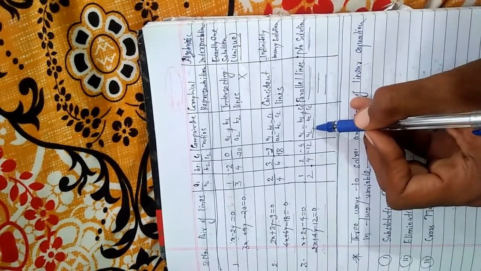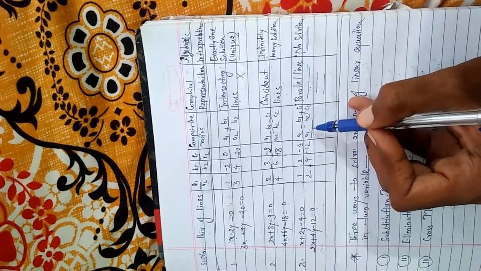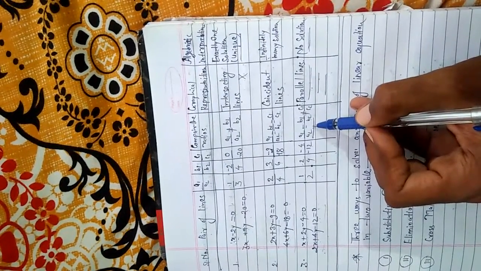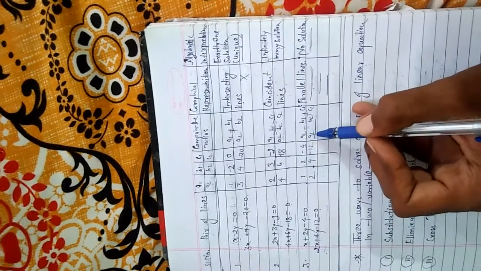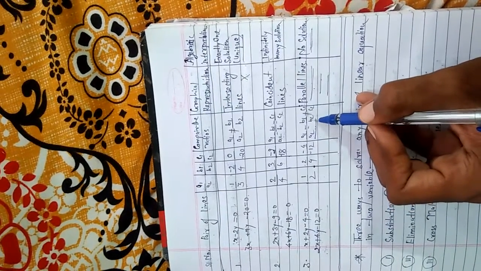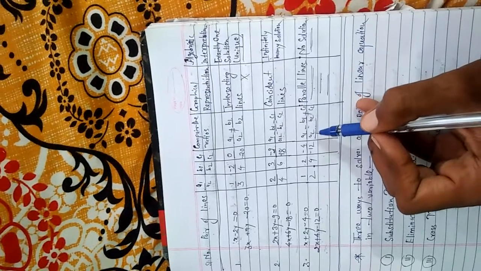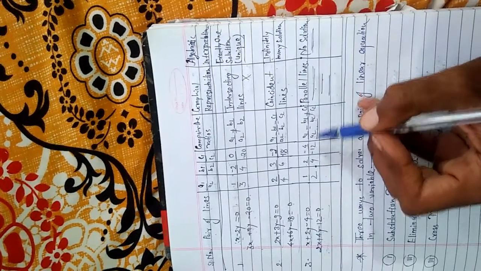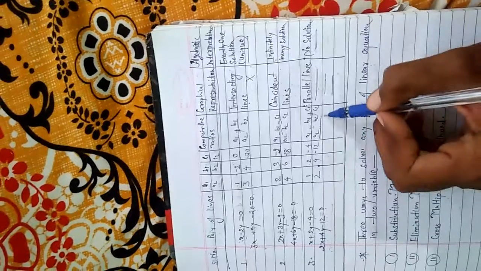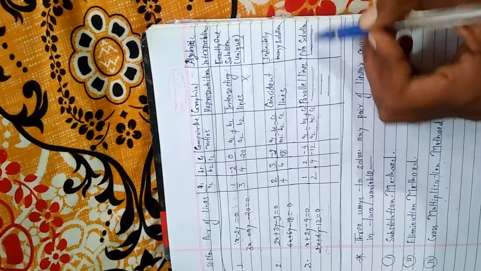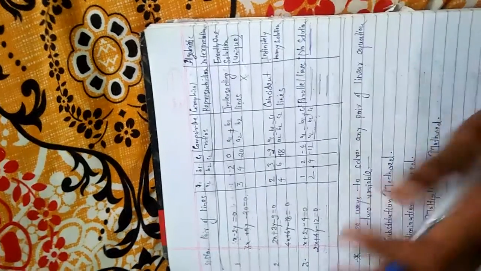So in this third graphical representation, if you get the ratio a1 by a2 equals b1 by b2, you again do not go for further solution, you just stop the solution and write it down, no solution. This is complete.